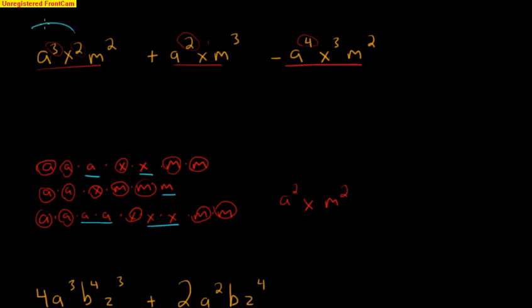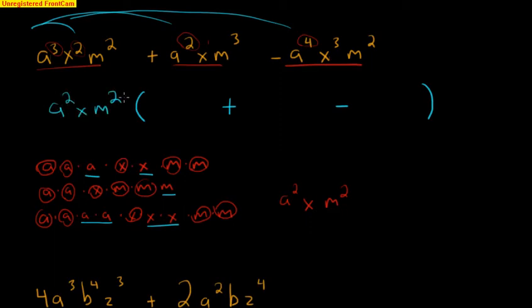When we reverse the distributive process and factor these out, we are now factoring out a squared x m squared, because that's the greatest common factor. So when we do that, what's left here?